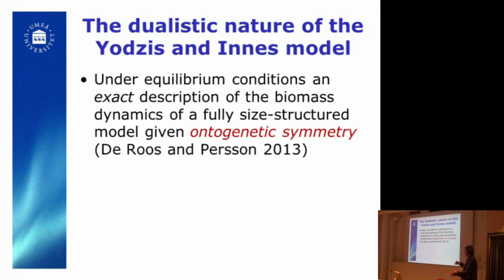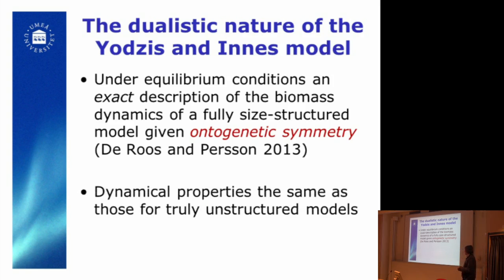So we can take a fully complex size-structured model, and it can be shown that under equilibrium conditions, that model can be reduced to this model. So although this biomass model appears as an unstructured model, it is not an unstructured model. It's the simplest scenario of a structured model for ontogenetic symmetry.